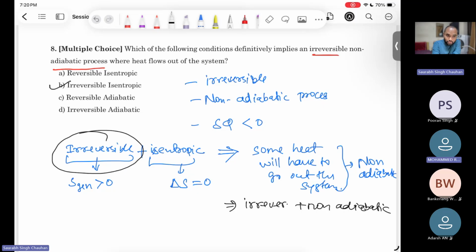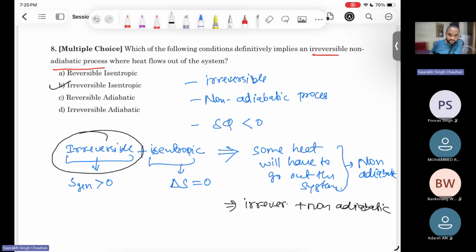Okay. So usually we assume, in the questions, for example, it is written that consider an isentropic turbine, isentropic compressor. Then we assume that there is no heat transfer. Okay, we assume that there is no heat transfer. It is reversibly adiabatic. We assume that it is reversibly adiabatic. But in general, when we say isentropic, that does not mean that process has to be adiabatic.